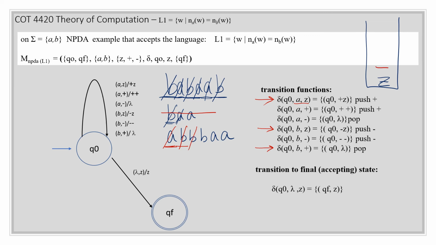Now I have a B and there's a minus, so I'm going to push another minus. Now I have an A and there's a minus, so I'm going to pop that minus off. And now I have another A and there's a minus, so I'm going to pop that one off. So it has the same number of A's as B's, so that one will then be able to take this transition right here to the final or accepting state.